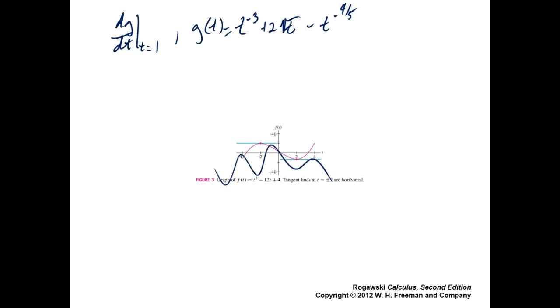What did I tell you I did not like to have in a function when I'm needing to take a derivative? Radicals, exactly. I don't want to have a radical in there because I don't know what to do with it. I do know what to do with it, but it's a pain.